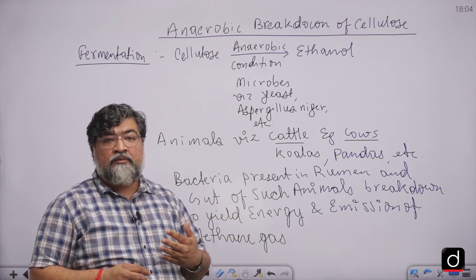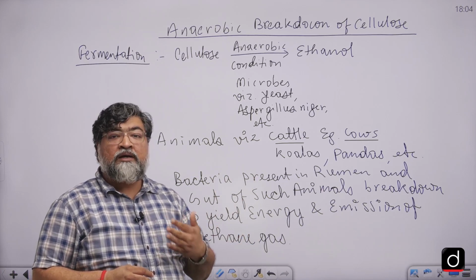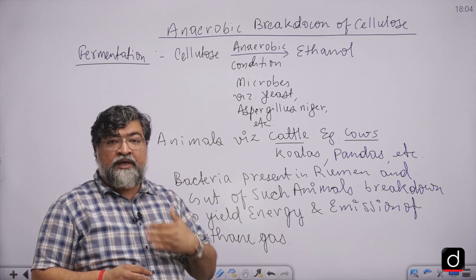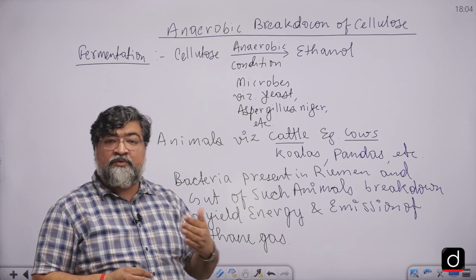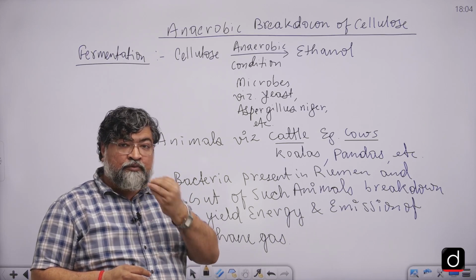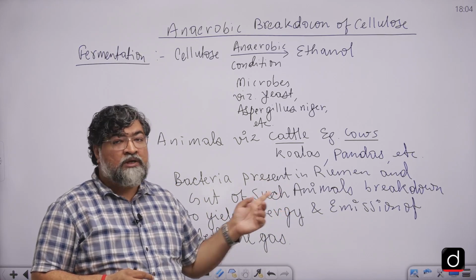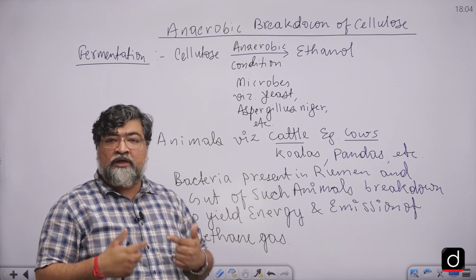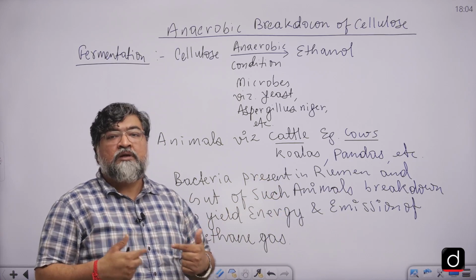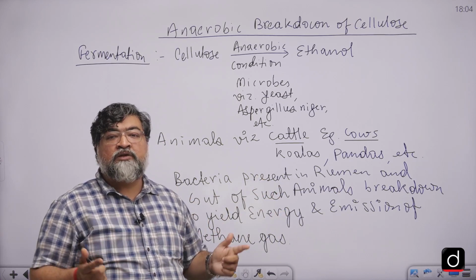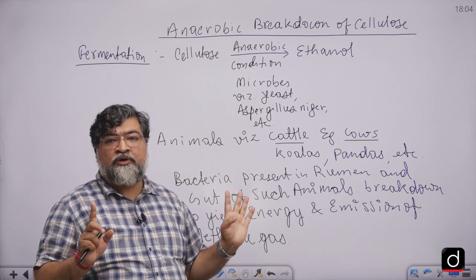That helps in digestion and in not getting constipation. That is why we take roughage as part of the diet. They contain cellulose, but the human body doesn't have the enzymes and the bacteria or microorganisms which can break it down, so it simply gets passed out of the body.